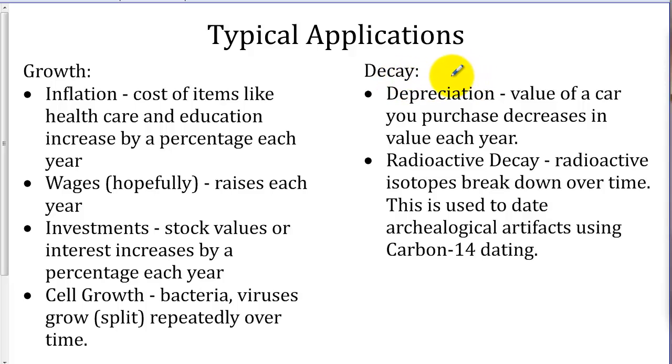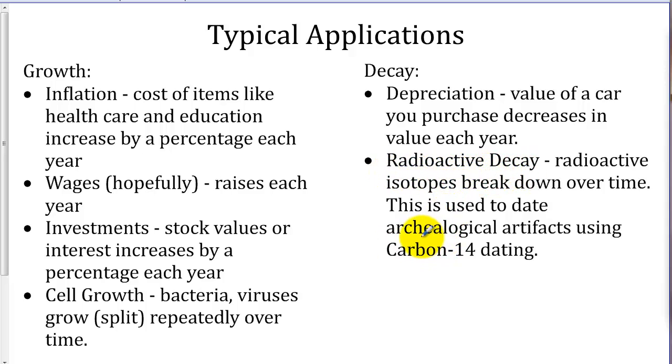Sometimes things decrease in value, and one you can maybe understand is the value of a car. If you buy a new car, as soon as you drive it off the lot, it's worth less money, and every year it's worth less and less. That's called depreciation, and we'll use exponential decay models for that. And finally, some of you have heard about radioactive decay.